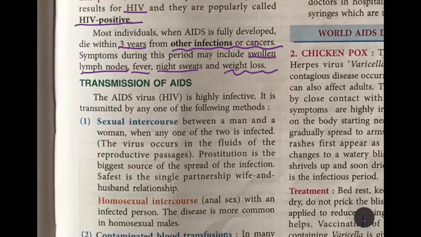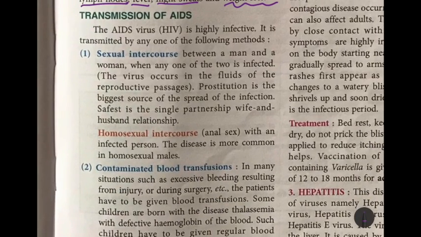Now, how is AIDS transmitted? The AIDS virus, HIV, is highly infective, that is, it will pass from person to person. It may be transmitted by any of the following methods. First is sexual intercourse between a man and a woman when any one of the two is infected. You will find the virus in the fluids of the reproductive passages, and prostitution is the biggest source of the spread of the infection.